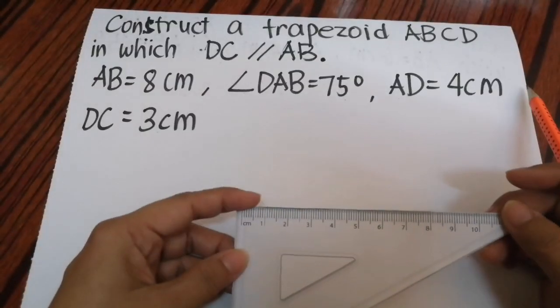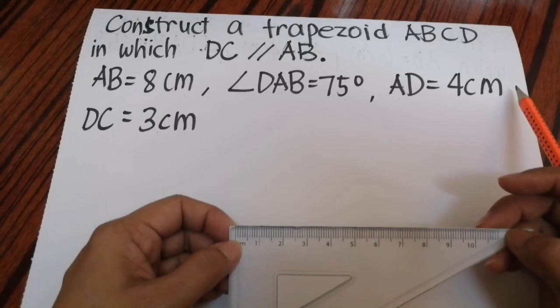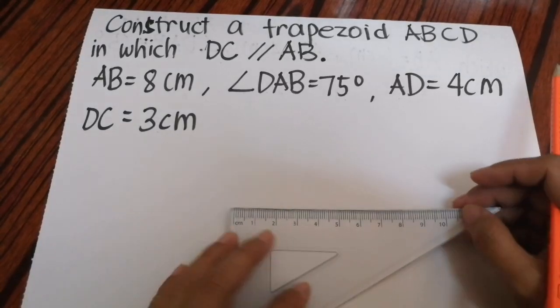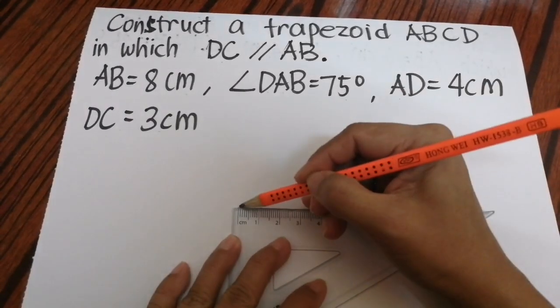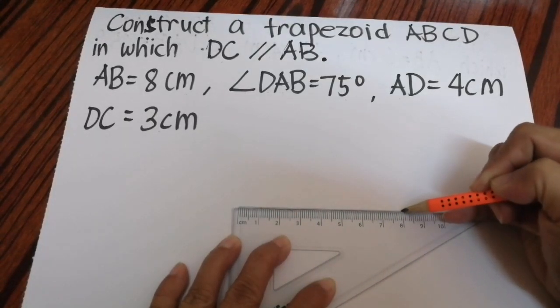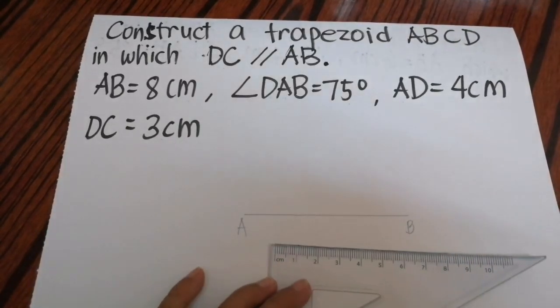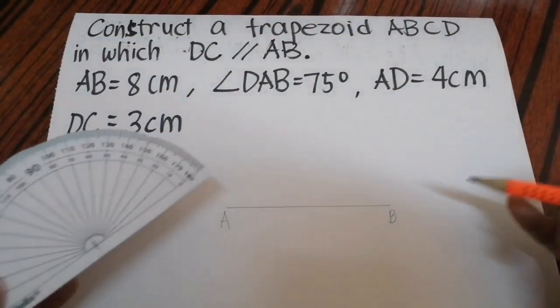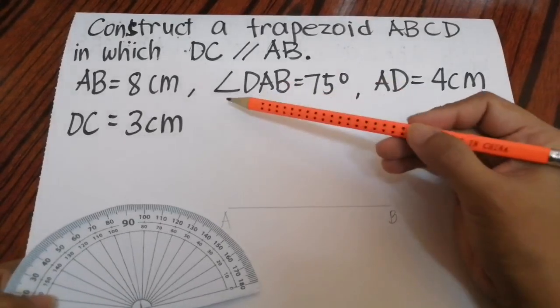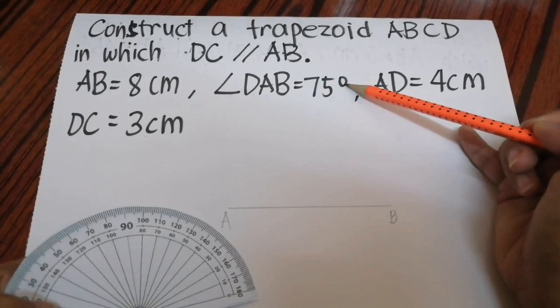Using a ruler, measure and draw a line of 8 centimeters, and we shall name it AB. For step 2, we are going to create angle DAB with a 75 degree angle.